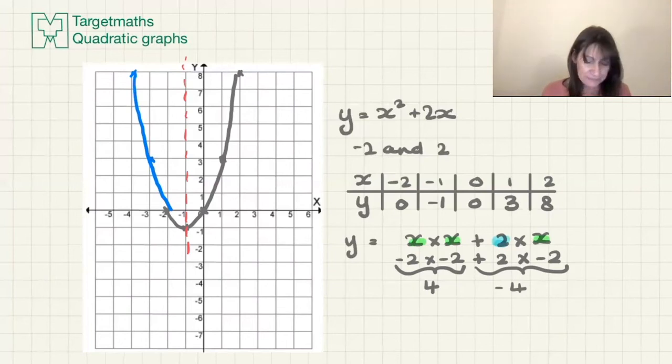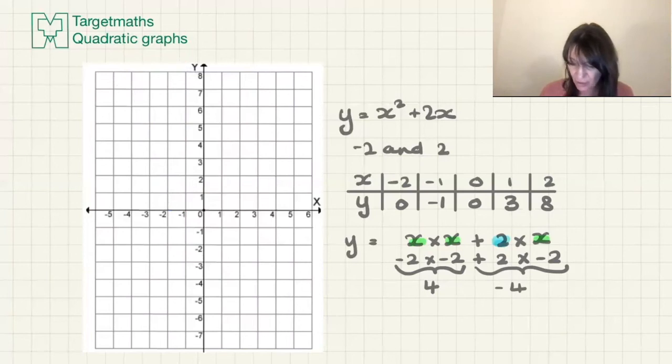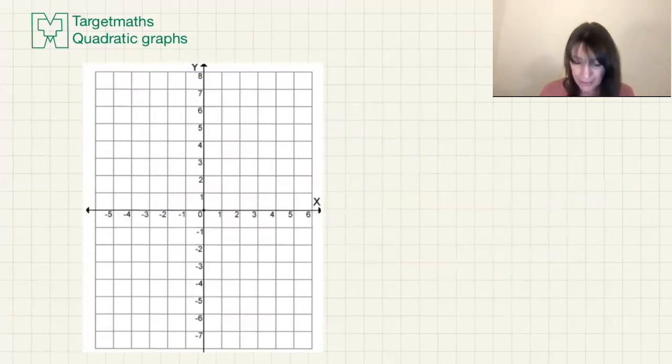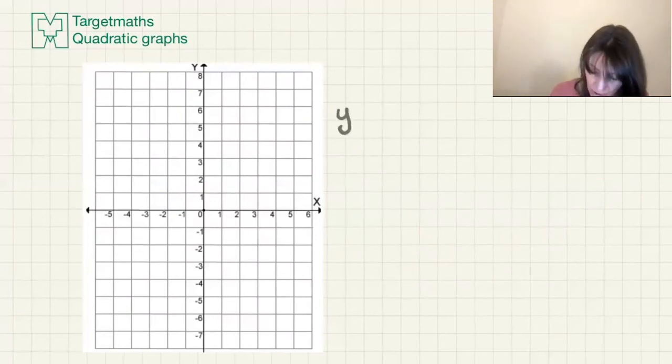Okay, I think it would make sense to do maybe one more where the rule has just got probably as hard as it possibly could, just so that you've got that modeled and you've got a chance to try it with a walkthrough. And then we'll just leave it there and get straight on with the practice. So this time you're going to do y equals x squared plus 2x minus 3.